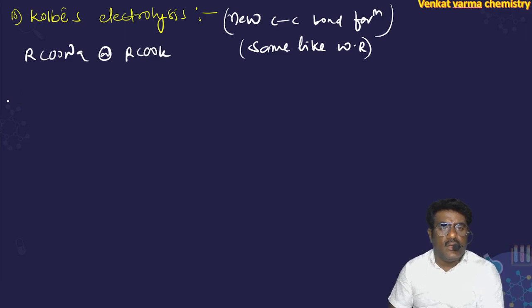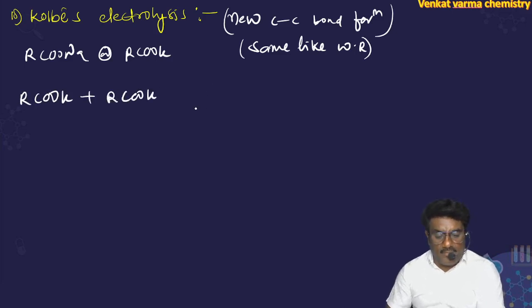I am taking RCOOK, the potassium salt of the carboxylate ion, for electrolysis in the presence of water. What does it give?